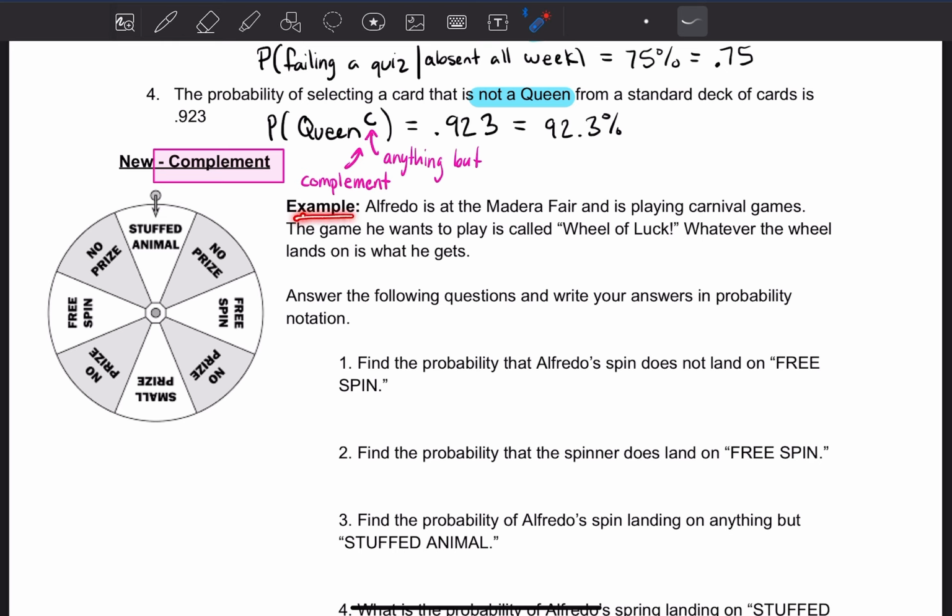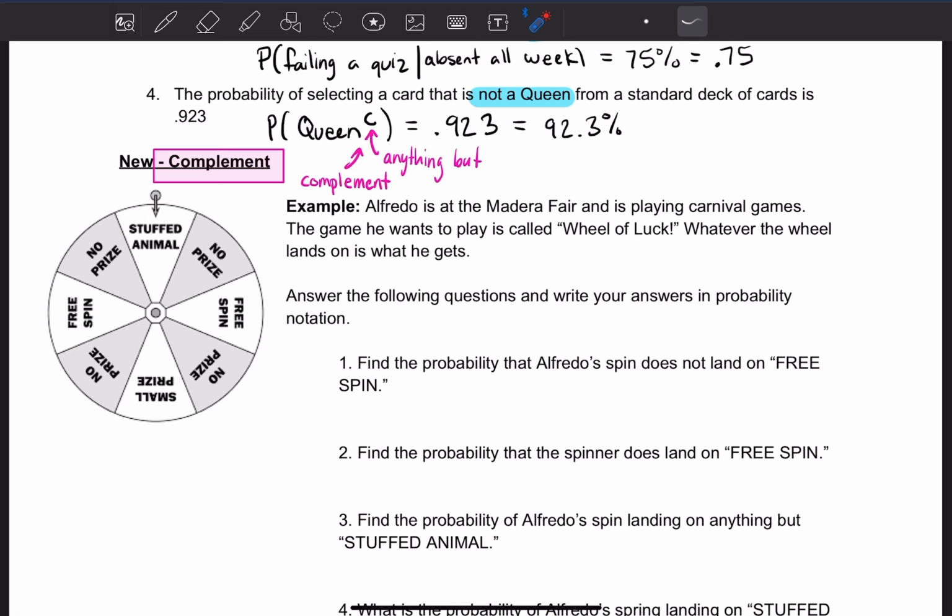So let's go ahead and read the example. Alfredo is at the Madeira Fair and is playing carnival games. The game he wants to play is called Wheel of Luck. Whatever the wheel lands on is what he gets. So if he spins the wheel and it lands on no prize, then he gets no prize. If he spins the wheel and it lands on stuffed animal, then he'll get a stuffed animal.